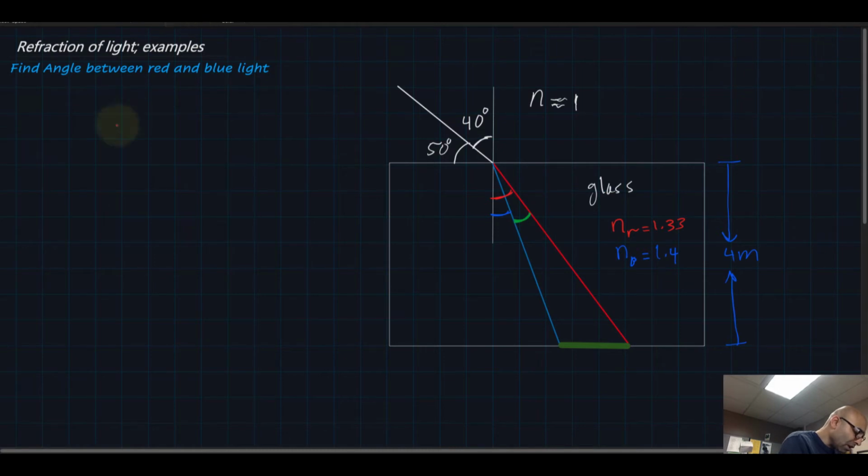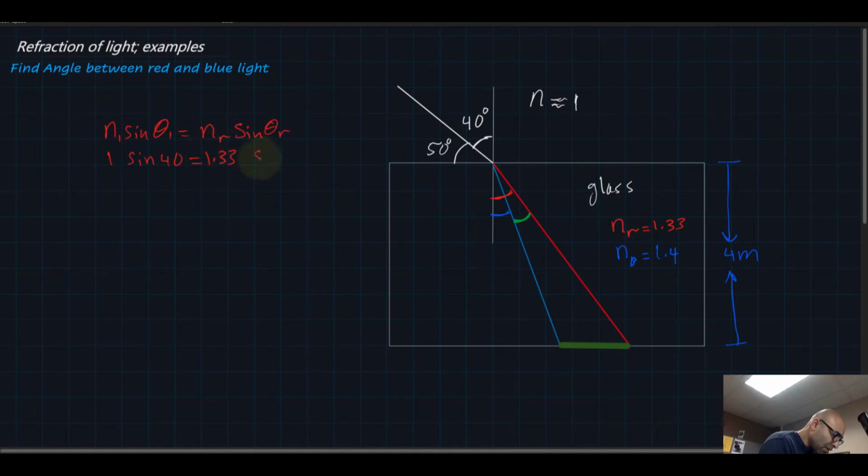So I'm going to do n1 sine theta 1 is equal to n red sine theta red. Now we know n1 is equal to 1 times sine 40 degrees is equal to n red, which is 1.33, times sine theta red.